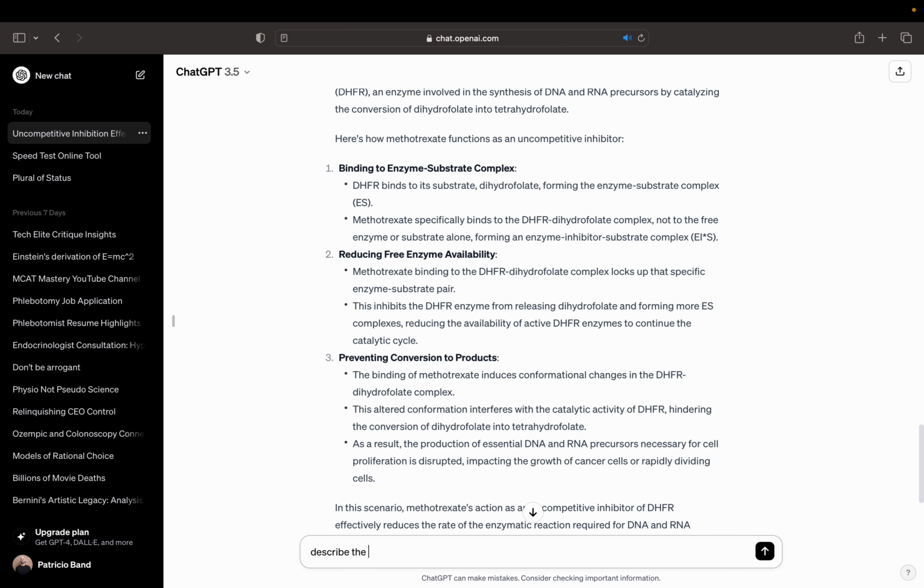Describe the picture of how methotrexate locks up the enzyme substrate complex of DHFR dihydrofolate.